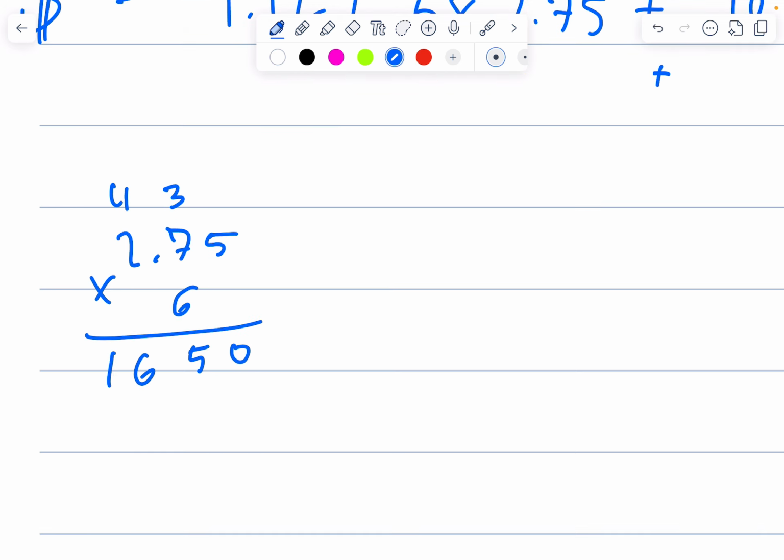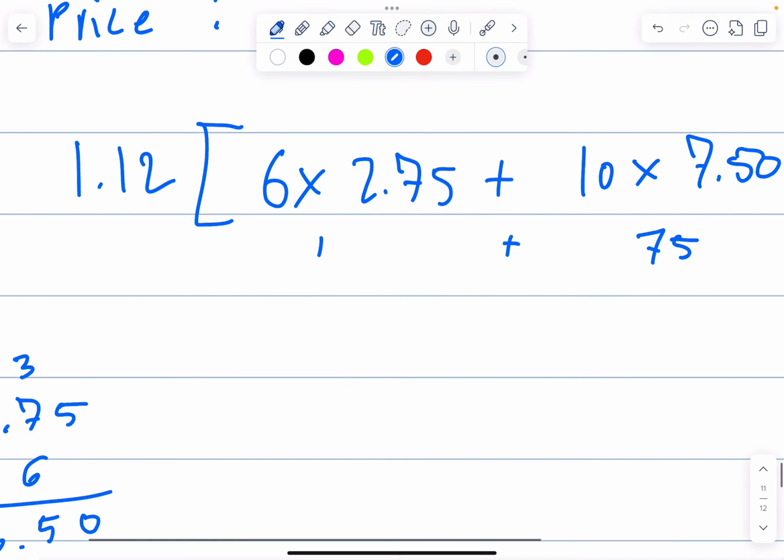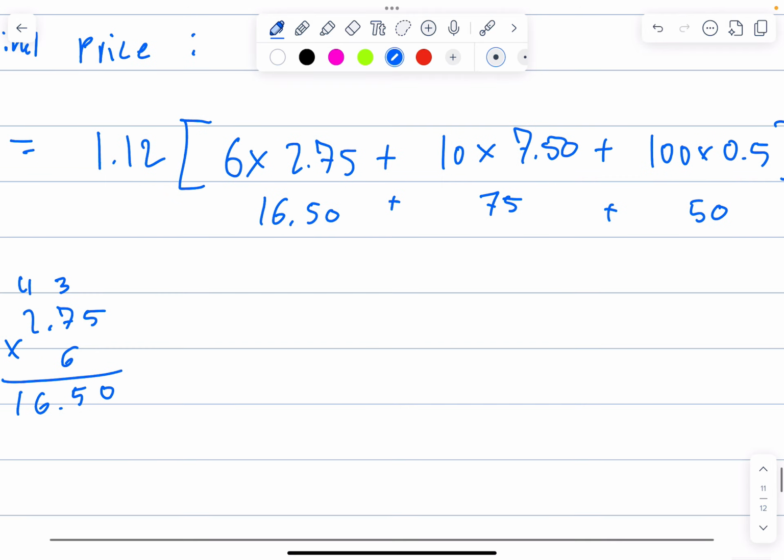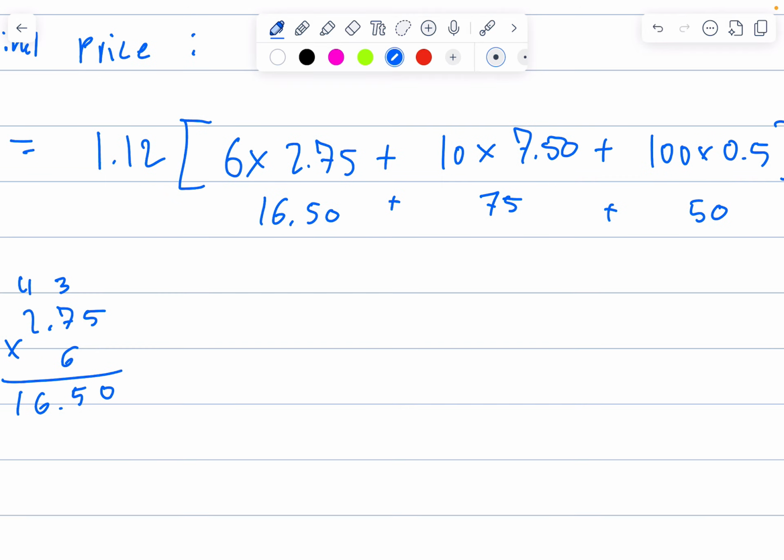And then you move 2 decimal points, so 1650. Okay, 1650. So now we add. This is 125 plus 1650, which is 141.50.